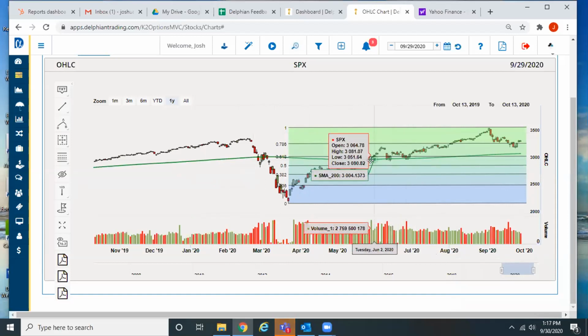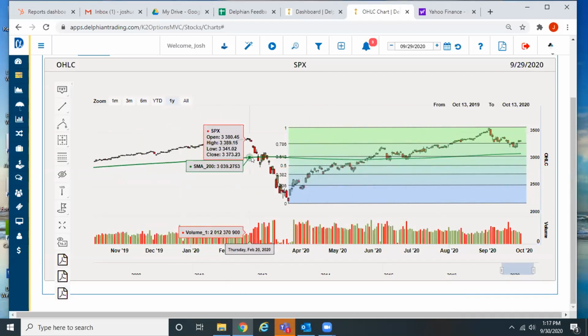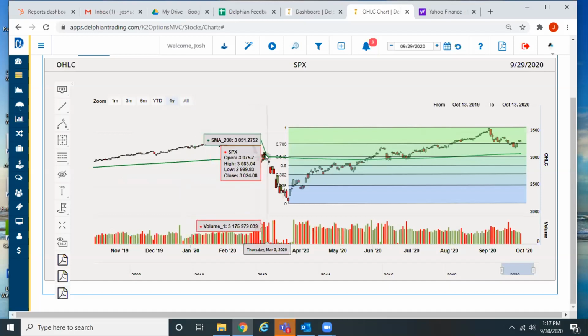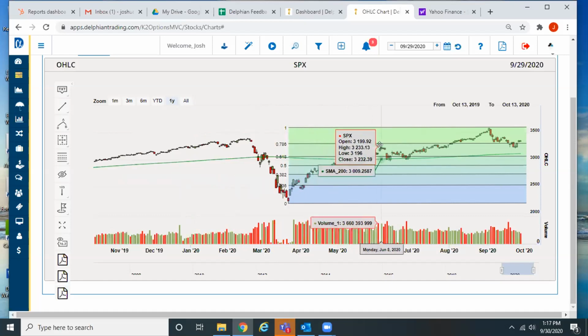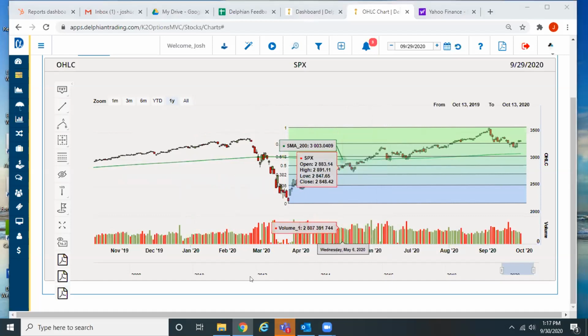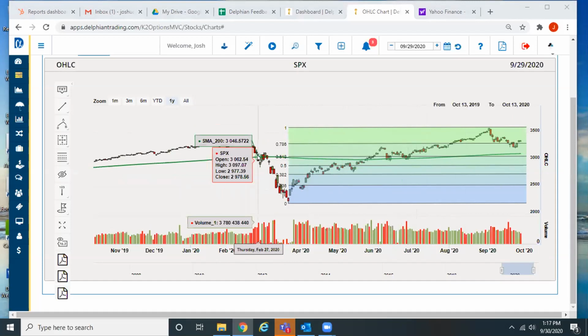If you look through here on this 1 year chart, when it broke through, it tried to get back and then failed. And then once it got back up above, it tested, and then took off. So it's a very critical indicator for long-term movements.